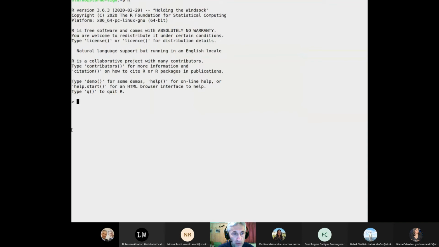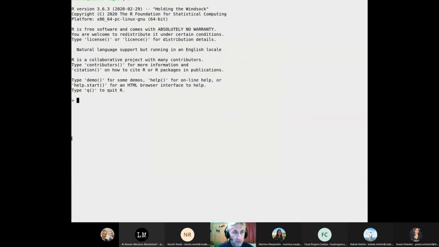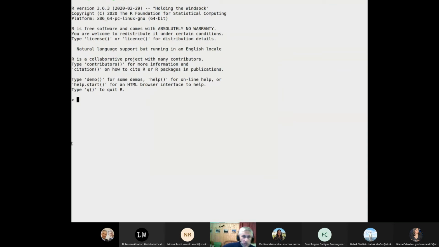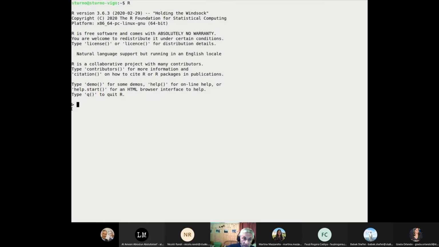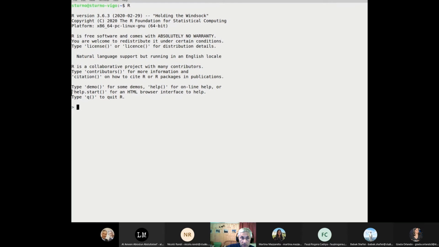So if you were successful in starting your program, you should get to a window which is similar to what you see on my screen. It is a bit different because under Windows you also have the menus, which I don't have. But you should find a white window with a greater sign, like this, and these lines of instructions above.